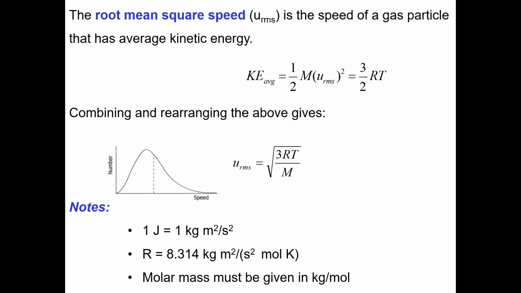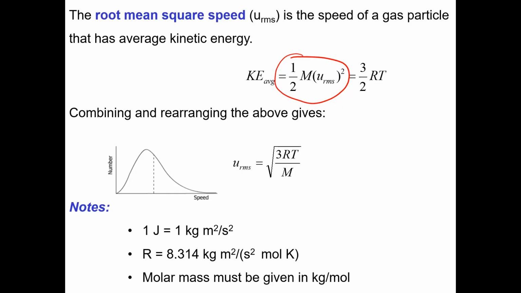And you might recall that the kinetic energy of a particle is given by 1/2 mv squared, or in this case it would be 1/2 m root mean squared speed squared.